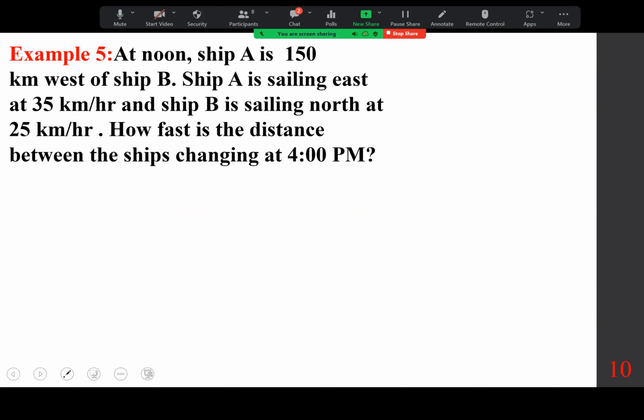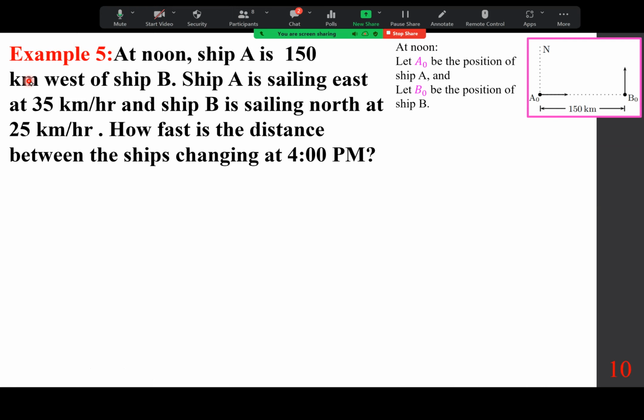Perfect. So again, we have a word problem. There is a setting we want to discuss. We want to make sure everybody understands what's going on, so we're going to start from the get-go. At noon, the distance between the two is 150 kilometers. At noon, A sub 0 is the initial placement of ship A, and this is north.